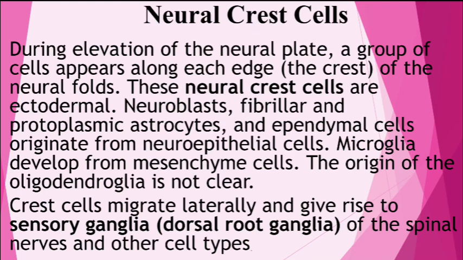Now, the neural crest cells that are formed, I'm talking about neural crest cells. Actually, the neural crest cells that you find differentiating between the neural tube that is formed and the epidermis migrate laterally and give rise to the sensory ganglia, that's the dorsal root ganglia of the spinal nerves, and other cell types. As development goes on, neuroblasts of the sensory ganglia form two processes.